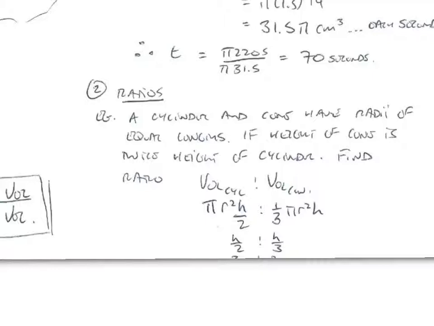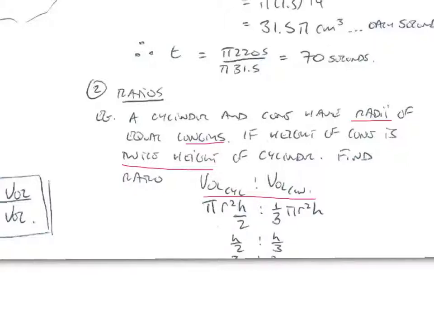And the second type of more difficult problem we meet in this chapter is to do with ratios. So we have something like a cylinder and cone that have radii of equal lengths. If the height of the cone is twice the height of the cylinder, find the ratio of the volume of the cylinder to the volume of the cone.